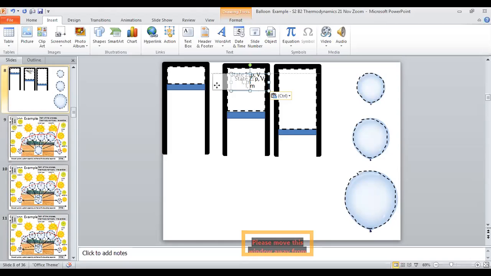The volume is increasing, the temperature can be changing, and the pressure can change as well: state 3.